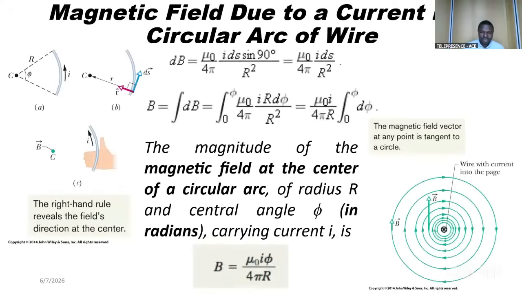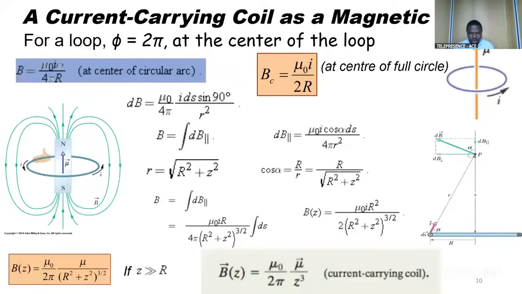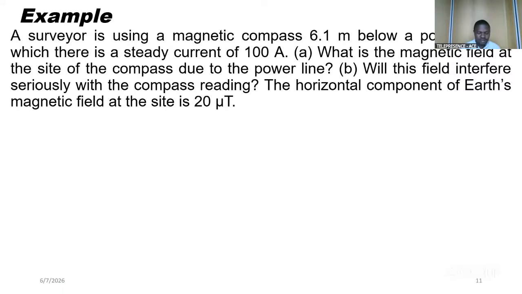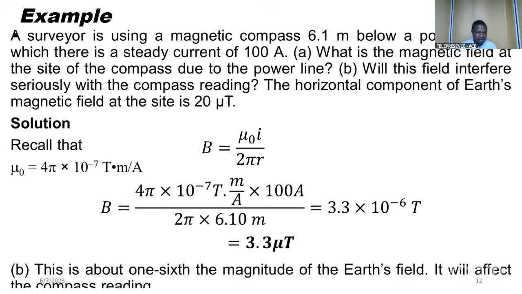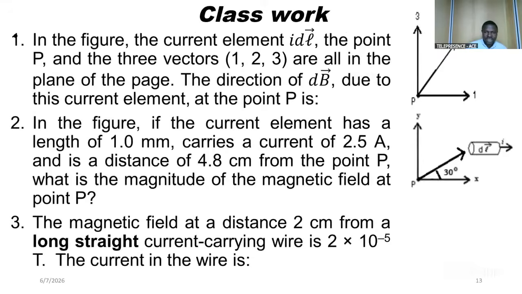We also said that to determine the magnetic field due to a current in a circular arc of wire, we take the central angle, in radians, into consideration. We moved a bit further and solved a simple calculation on Monday, and I showed you.